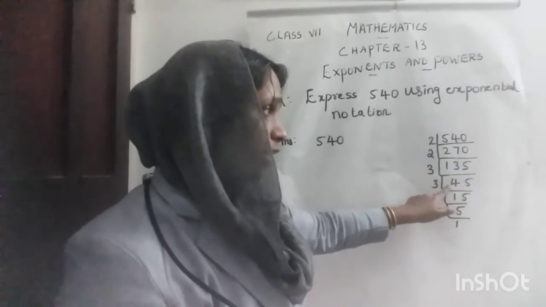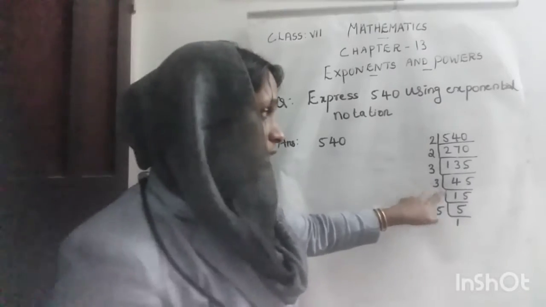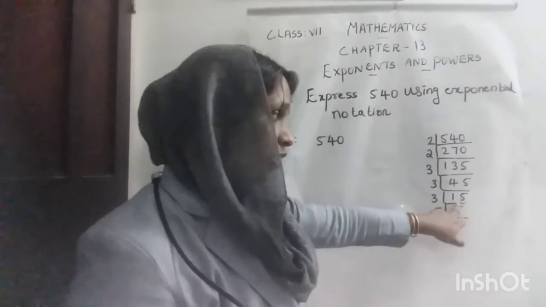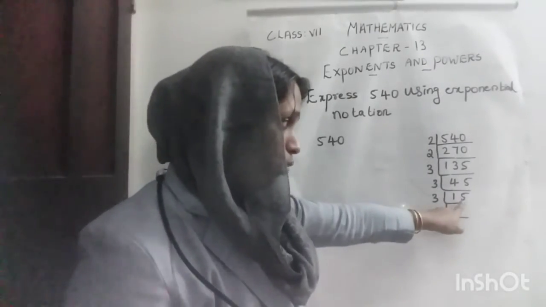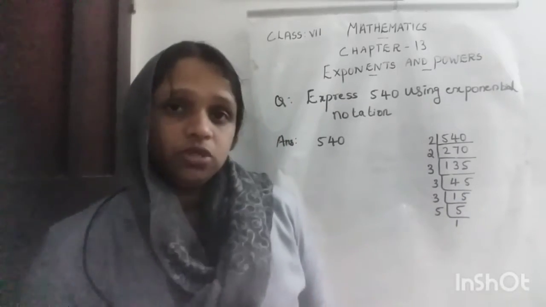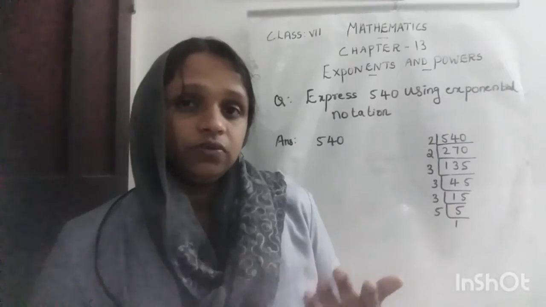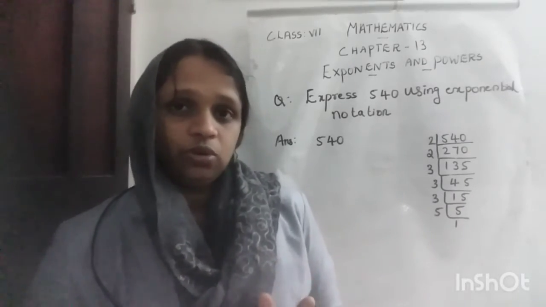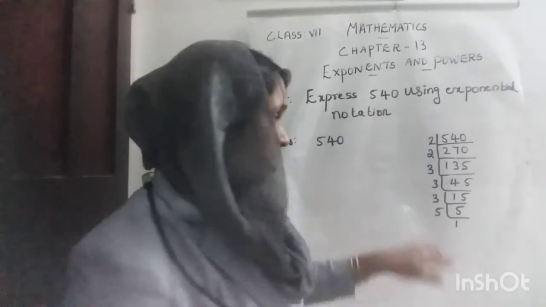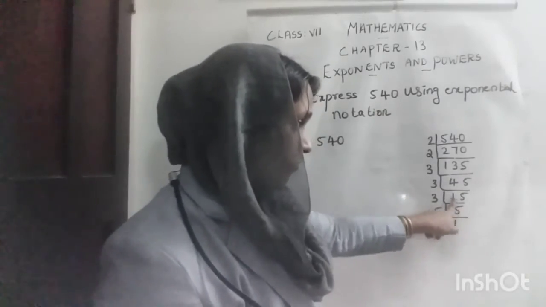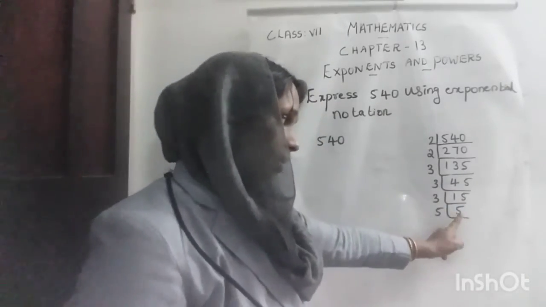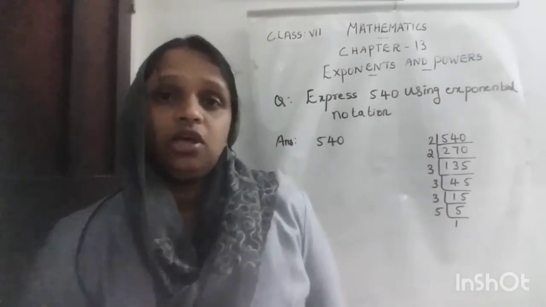And 45 again, it is possible only in 3. So 45 divided by 3, it is 15. And again 15, it is possible only in 3, because 2 is not possible. So 15 divided by 3, it is 5. And 5 divided by 5, it is 1.